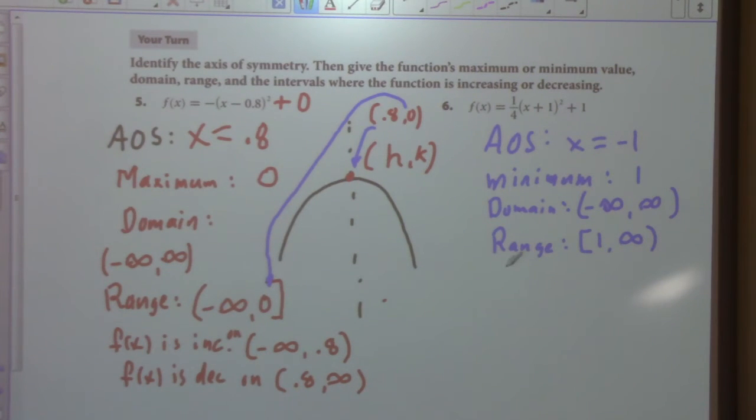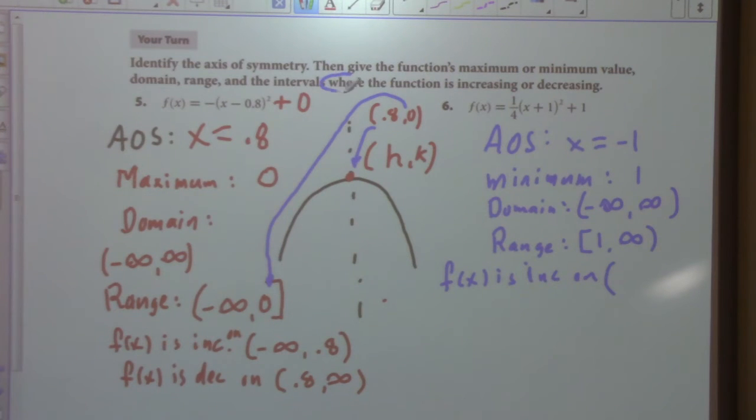And then f of x is increasing on what interval? Negative 1, right? No. Hearing some people whisper, where is f of x increasing?